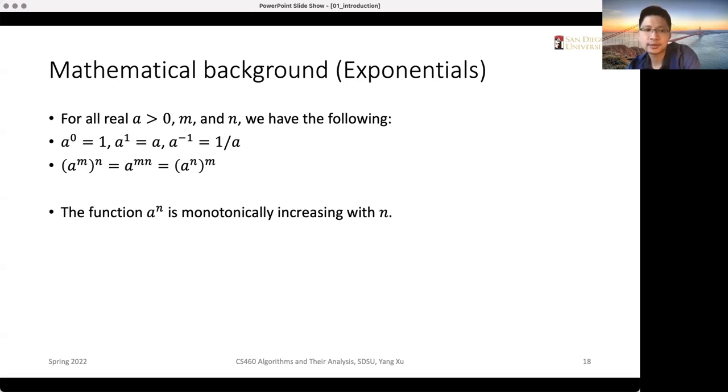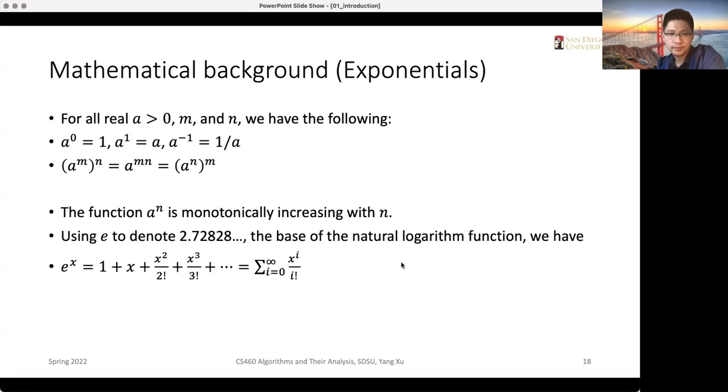We should know that the exponential function, a to the power n, is a monotonically increasing function. And such an exponential function can also be used to indicate the natural exponential function.